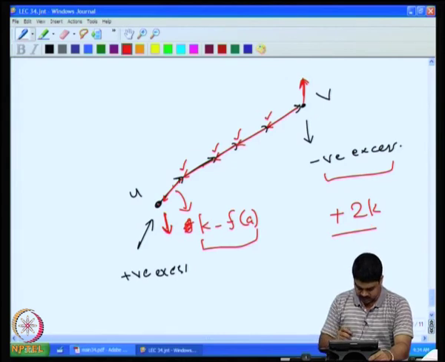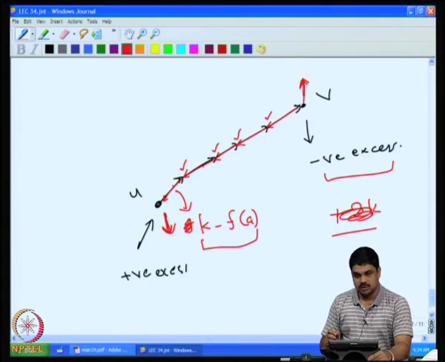So, totally there will be a decrease in the total sum of the absolute values of the excesses.